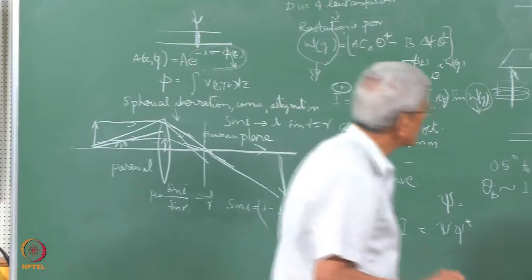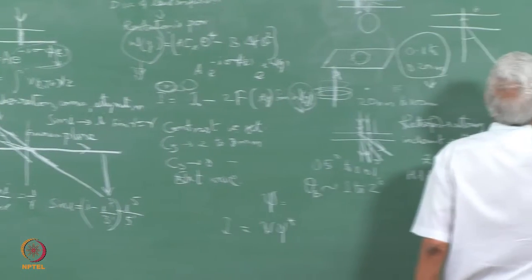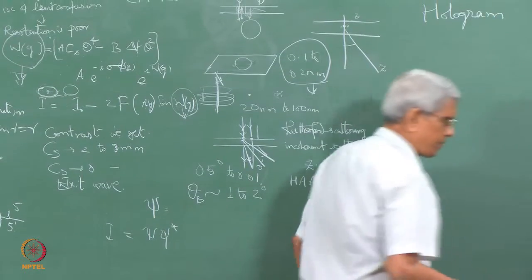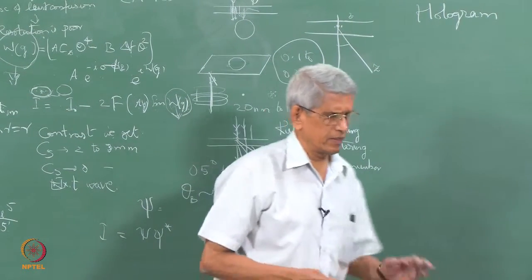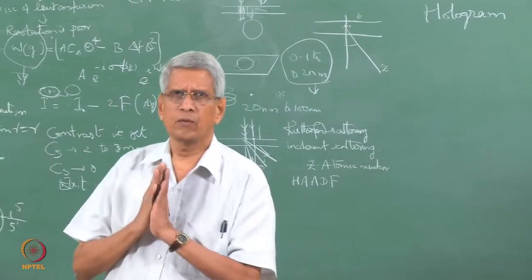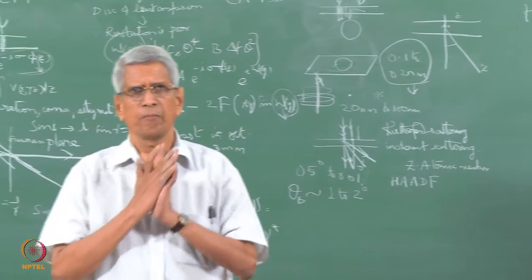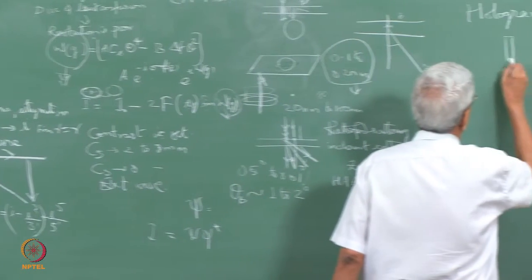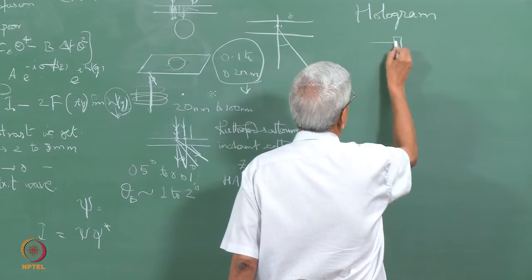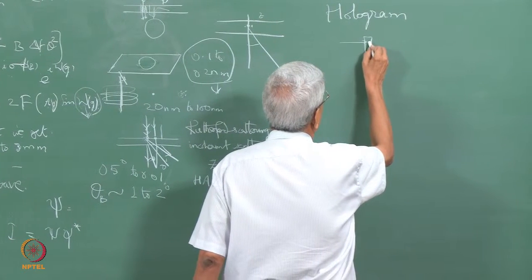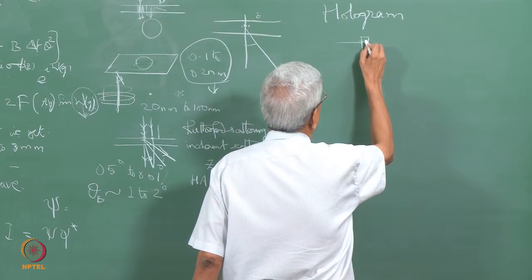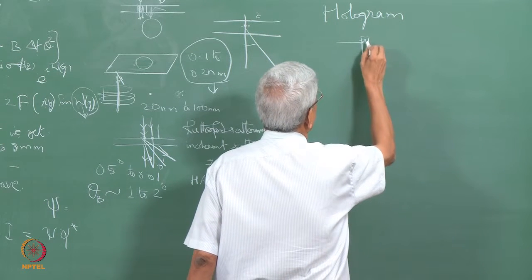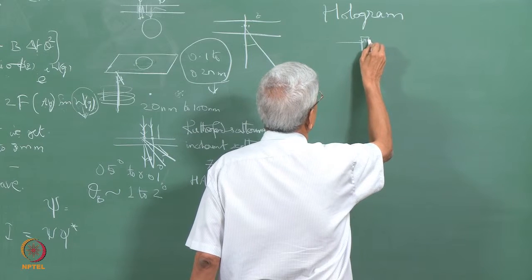What is the principle of a hologram? Essentially, as a coherent monochromatic beam passes through a sample, depending upon the refractive index of the material, some phase difference will be introduced.